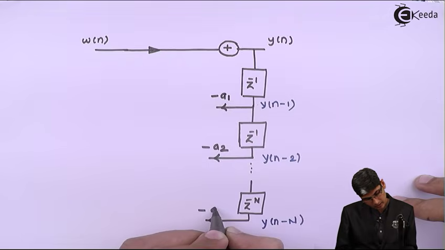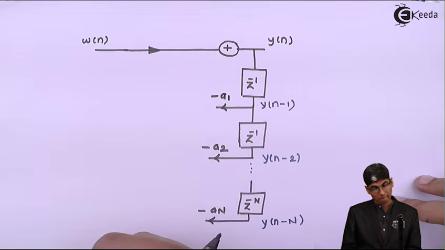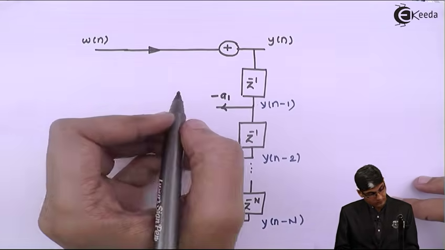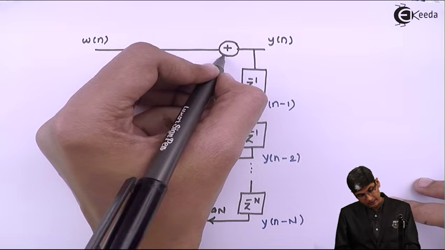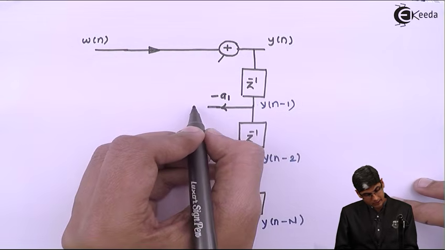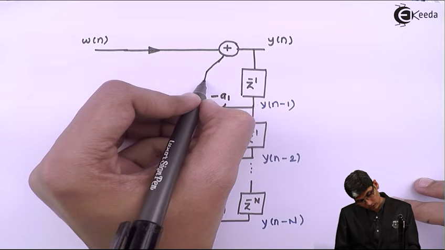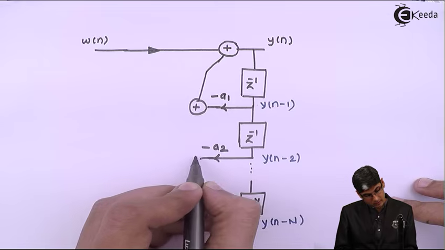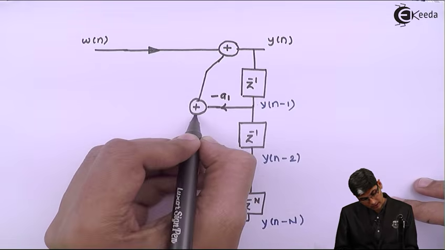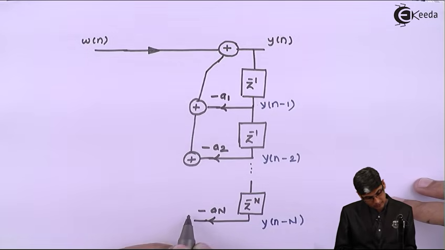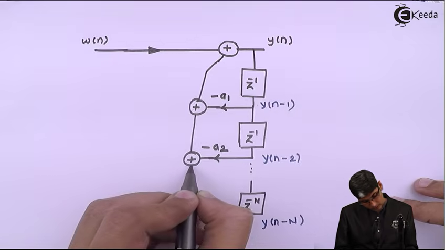And here I have minus an. Then I need to add them. So I will put an adder over here, which will go in this place. Then I will have an adder over here, which will add up to this point, and I will have an adder over here also, which will add up to this place.